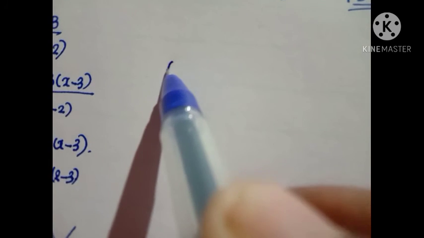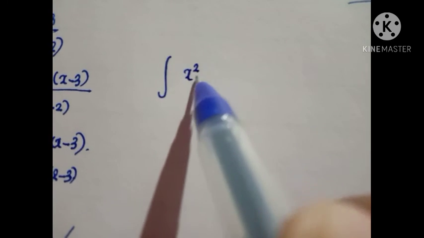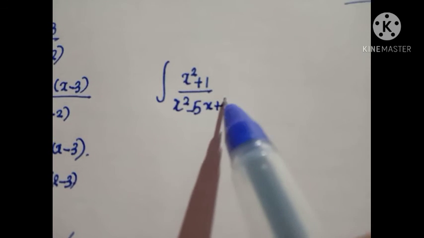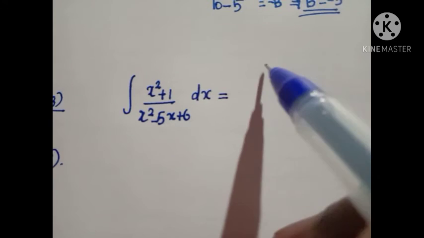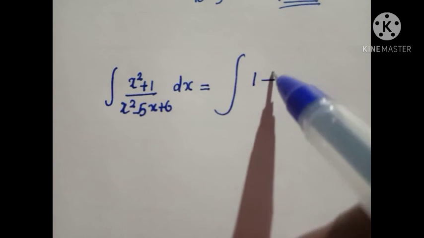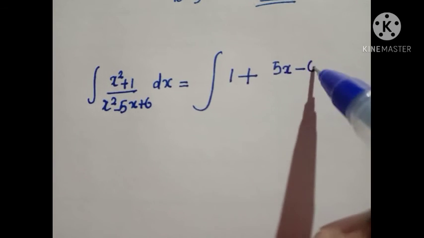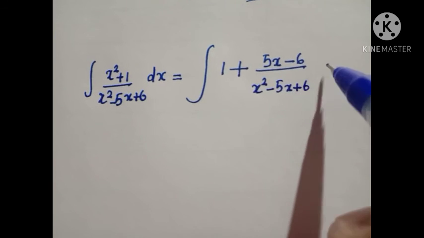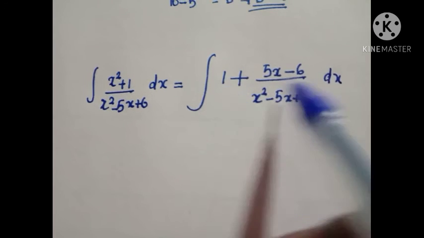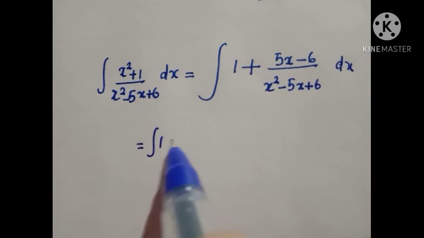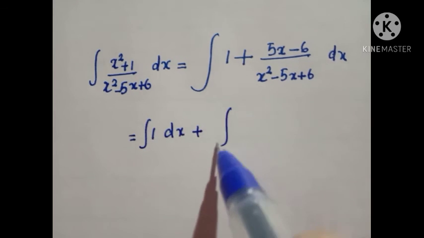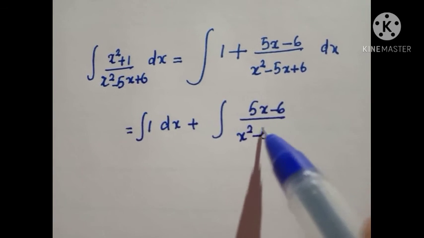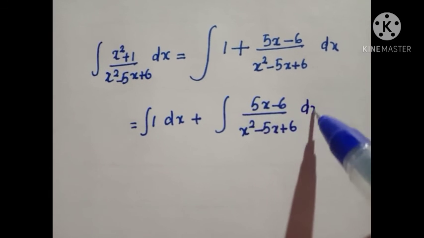So listen, our question was ∫(x² + 1)/(x² − 5x + 6) dx, and we converted this into ∫[1 + (5x − 5)/(x² − 5x + 6)] dx, and we separated these integrals: ∫1 dx + ∫(5x − 5)/(x² − 5x + 6) dx.